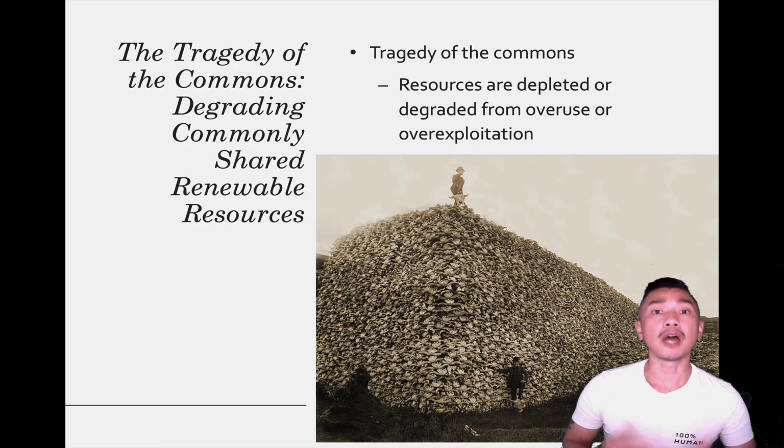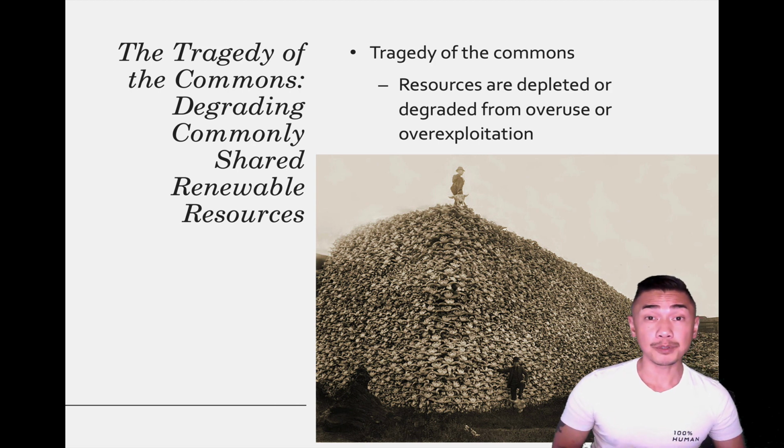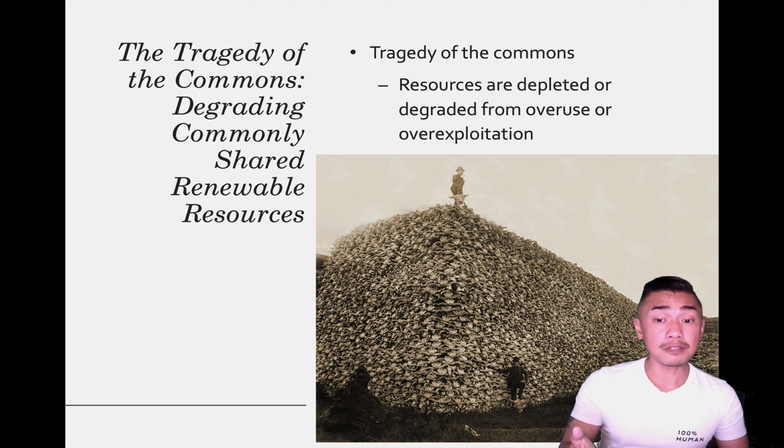One concept that you will have to familiarize yourselves with is the tragedy of the commons. In the tragedy of the commons, there's a shared resource that people or groups of people are using. If they overuse and overexploit that resource, it will cause the depletion or degradation of that resource. One example is in this photo.